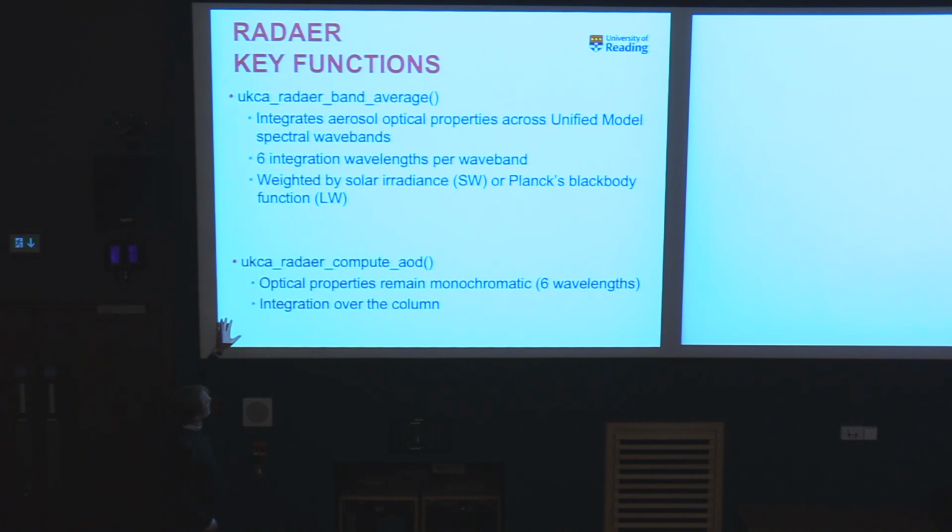Then there is another function which does something very similar, except that it doesn't do the integration over wavebands. It just does the calculation at single wavelengths. And that's to obtain what's called the aerosol optical depth, which is a key diagnostic of RADAER that I will mention now.